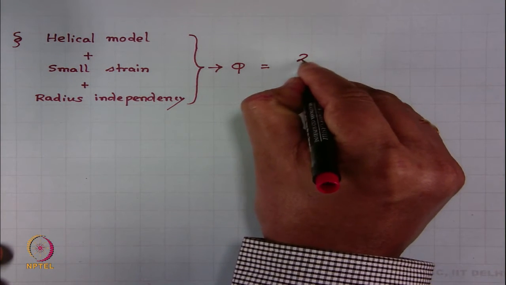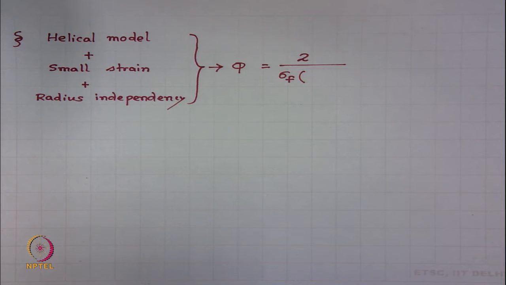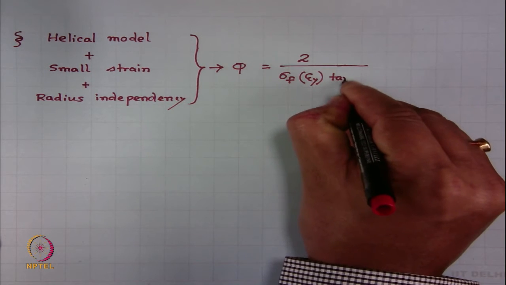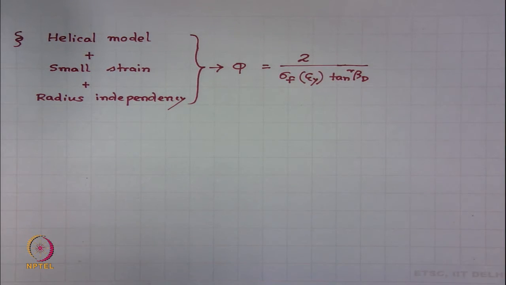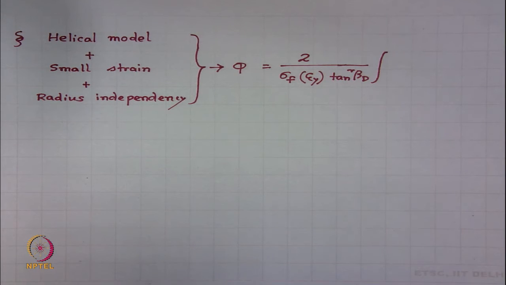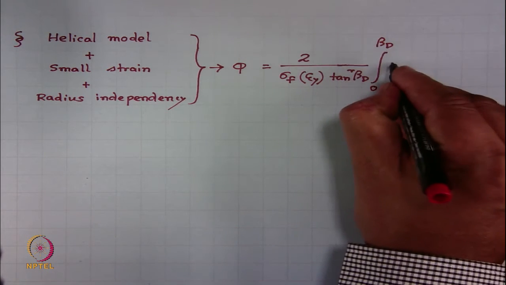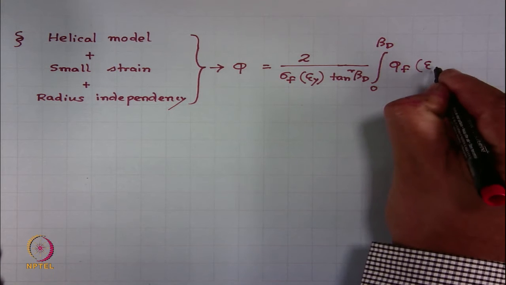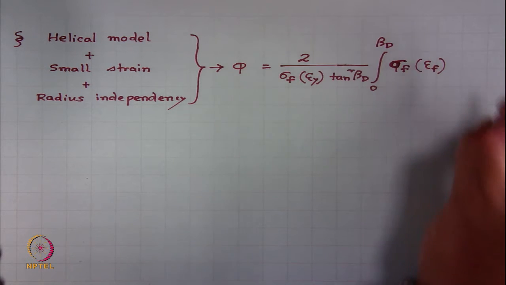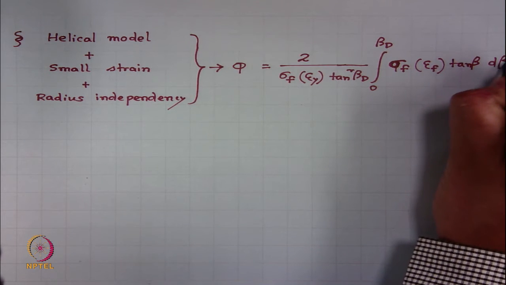So, that expression was, at an elongation of yarn axial strain, tan square beta d, then the integration, this integration starts from 0 and ends at beta d, sigma f, Ef, and then tangent of beta d beta.